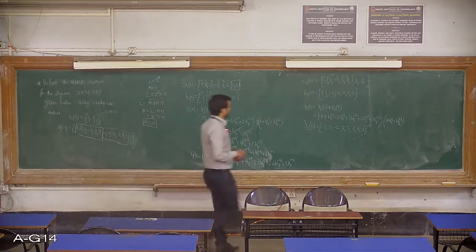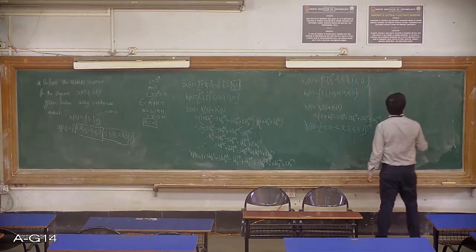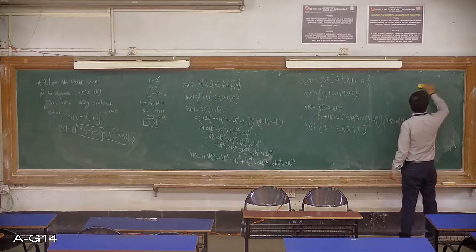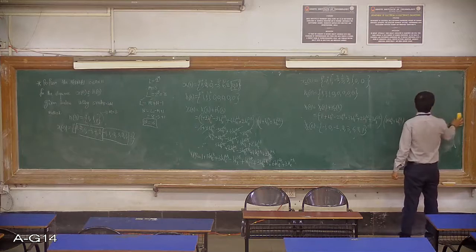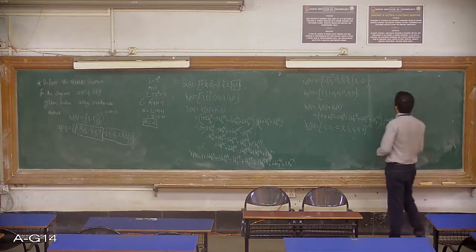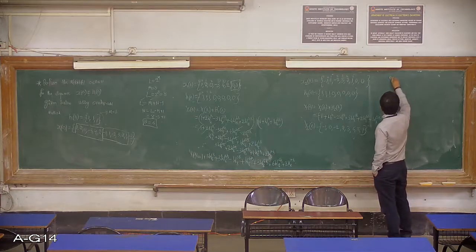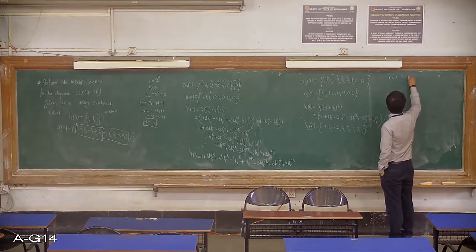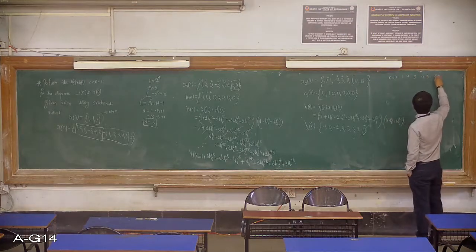Now y1 of n you know, y2 of n also you know, right? I will write here. So n is equal to 0, 1, 2, 3, 4, 5, 6.